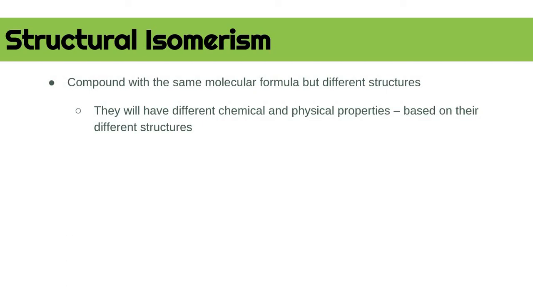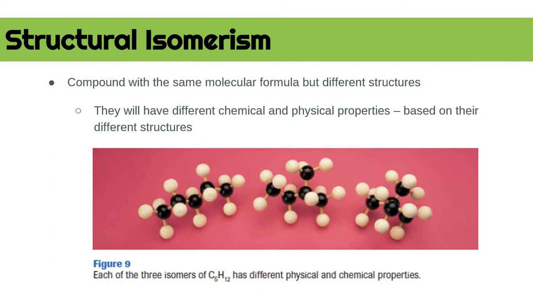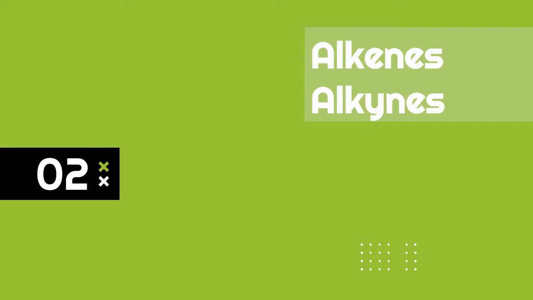Yes, it is based on how they are arranged molecularly. So each of these three isomers of C5H12 has different physical and chemical properties. So again, isomerism: same molecular formula, different structure.